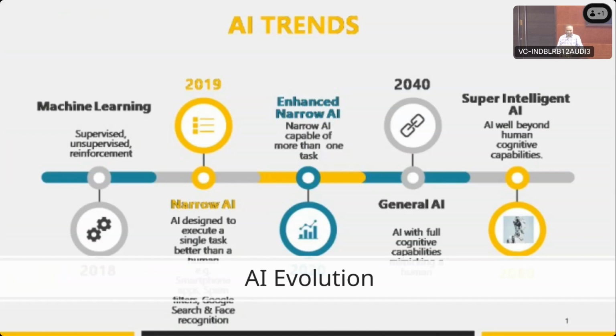So we are somewhere there, but if you ask me, I think we're already in general AI, because there have been huge innovations already done by companies like Anthropic with their Haiku and other models, where they are really able to prove that LLMs are able to reasonably match the intelligence of humans.